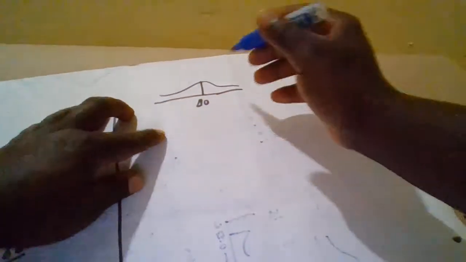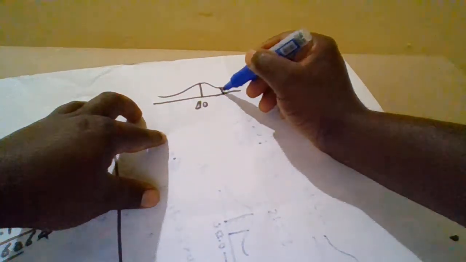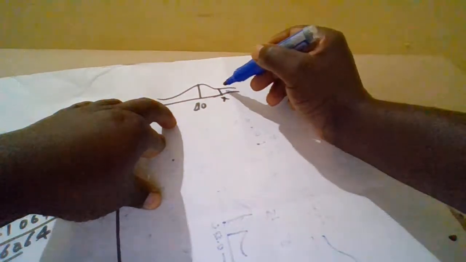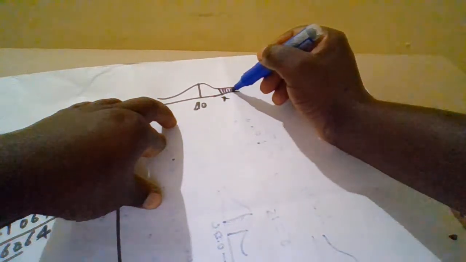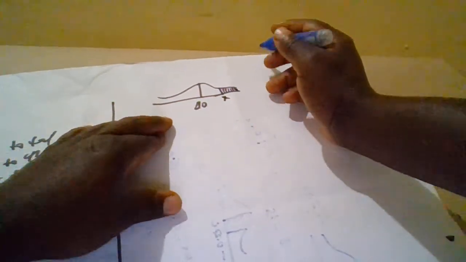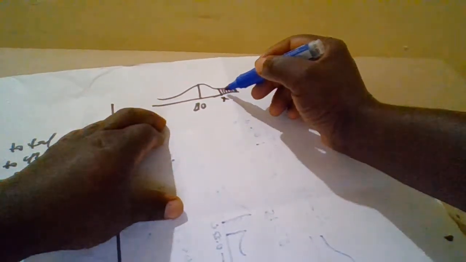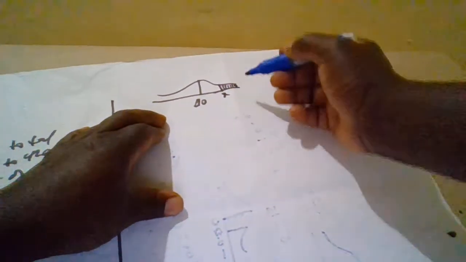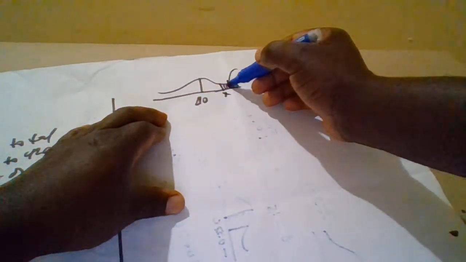So let this be our X, and these are the students who scored X marks or more; they lie to the right of X.